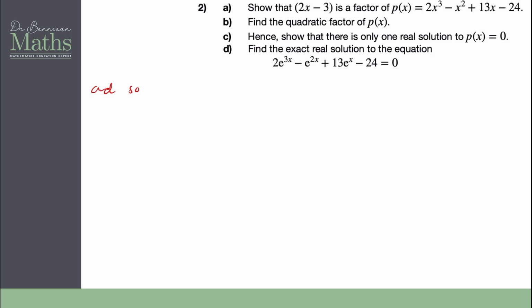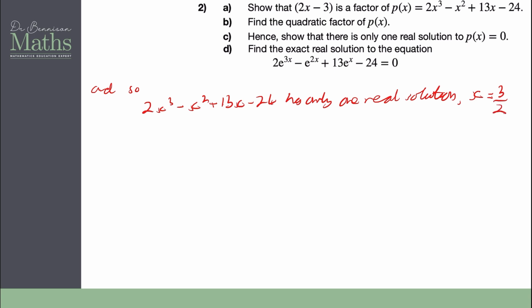And so 2x cubed minus x squared plus 13x minus 24 has only one real solution, which we know is x equals 3 over 2.